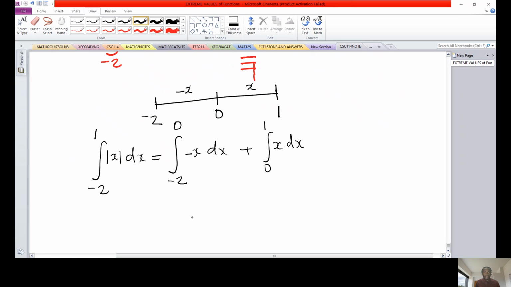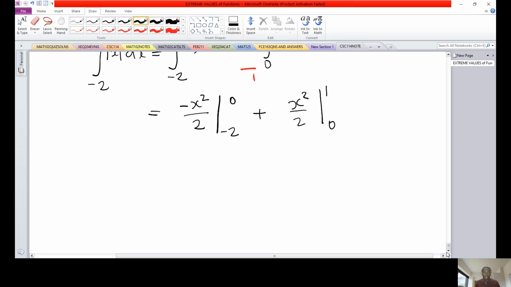When you integrate this one, you get negative x squared over 2, with limits from -2 to 0, plus the integration of x, which is x squared over 2, with limits from 0 to 1.